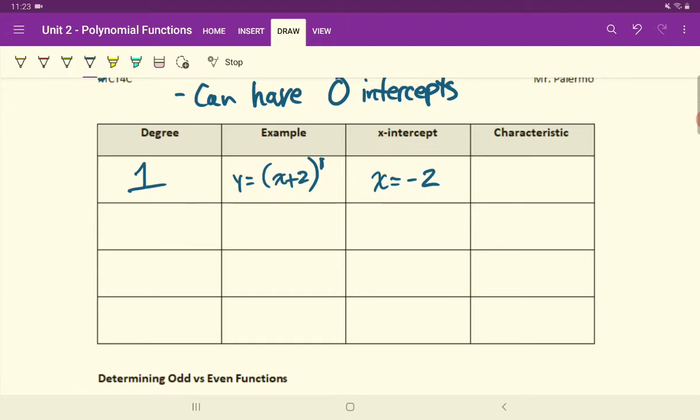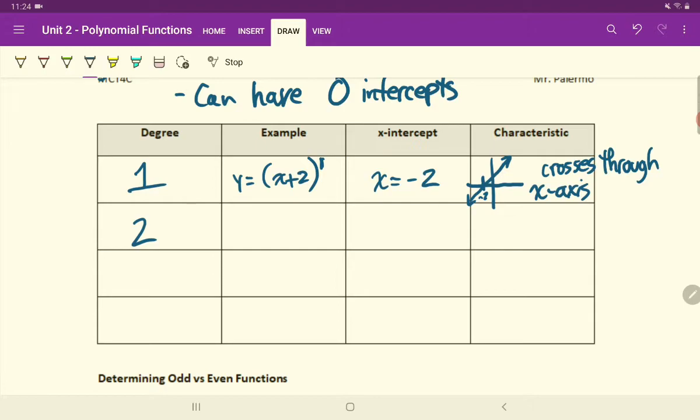Remember, it's just a straight line, and the intercept is at negative 2. So it simply crosses through the x-axis.